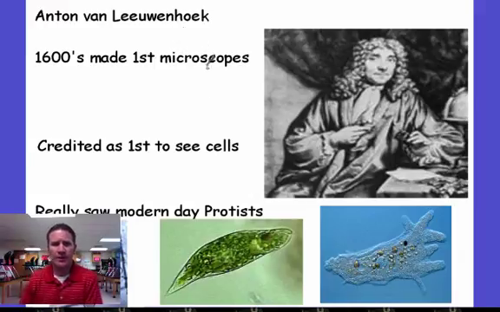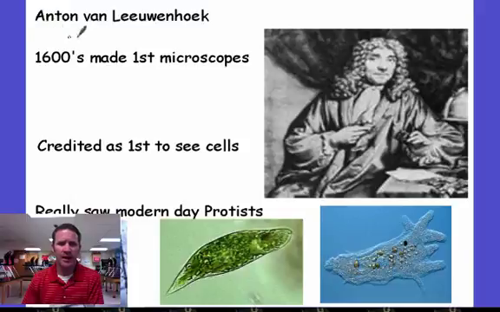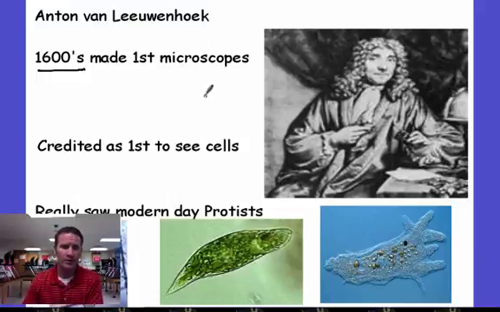So some of the history of cells in a nutshell first starts with Anton van Leeuwenhoek, and this happened way back in the 1600s, so this is a very long time ago. Leeuwenhoek made some of the first microscopes, and you've got to remember this is 400 years ago.